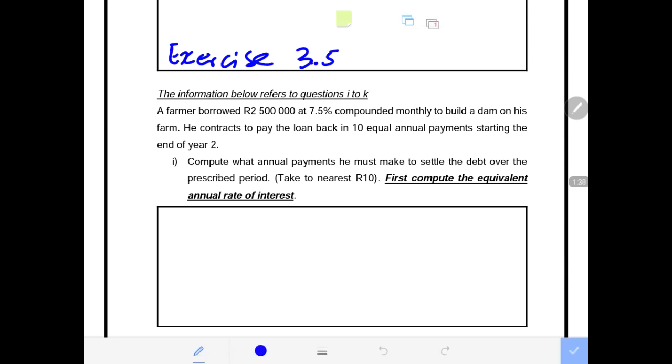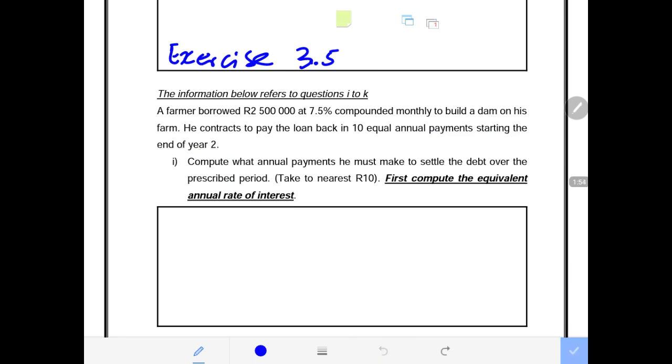It says, compute what annual payments he must make to settle the debt over the prescribed period. But be mindful of the fact that the payments start at the end of year 2. So we need to know the future value when the farmer starts to make the payment.